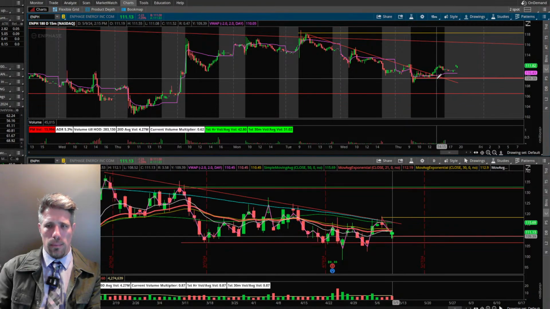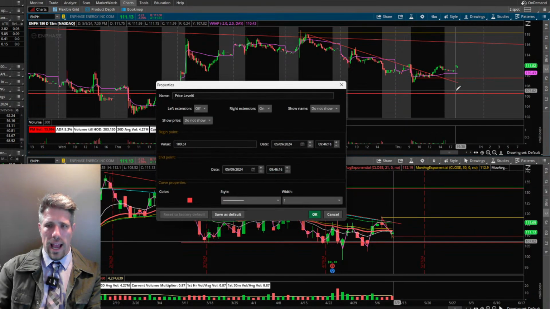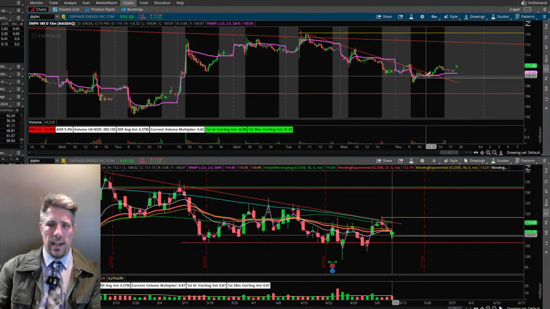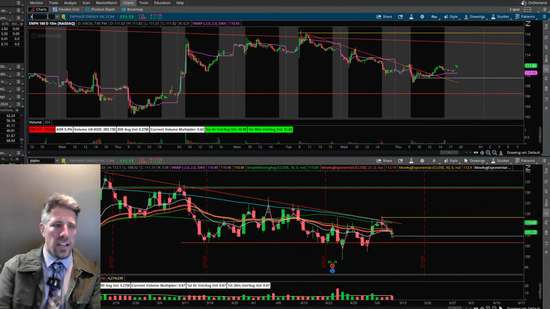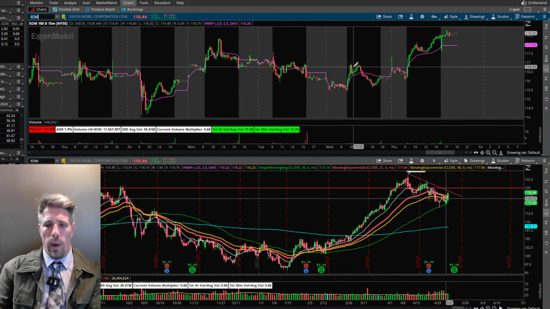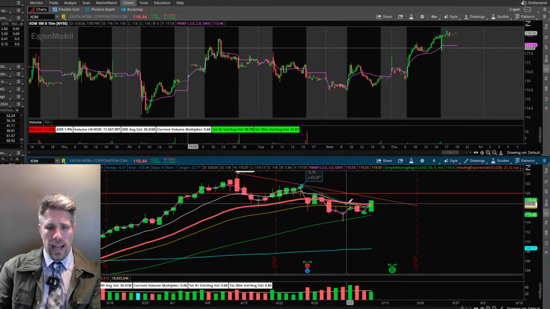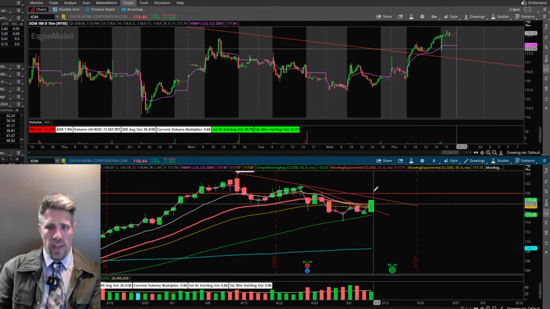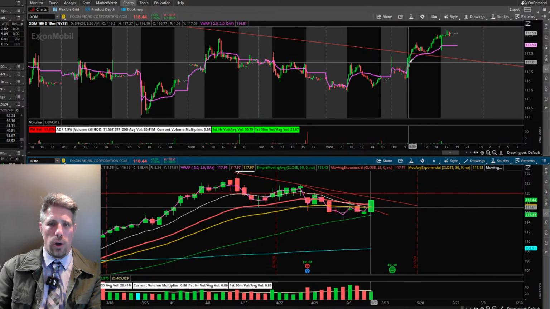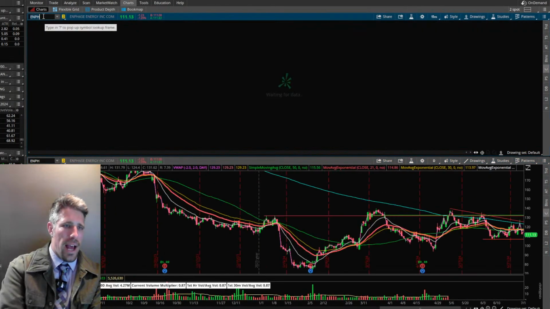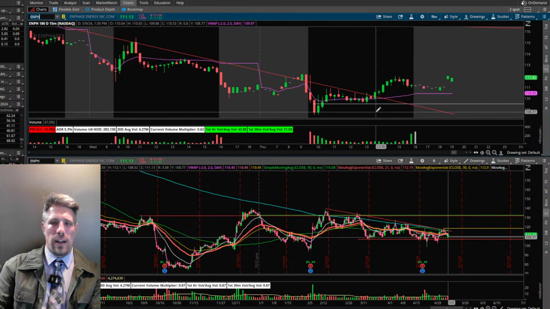I don't know the exact number. I was actually in the truck when I decided to exit, but I could see a trend change on this, and I decided to exit here because if we go to XOM, you'll see right away that XOM broke this downtrend here, and I did not like the looks of that. So when it broke that trend this morning, pushing up higher while ENPH started to head lower, I said, I'm not going to take that chance.